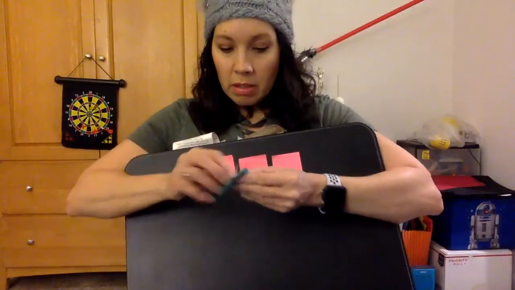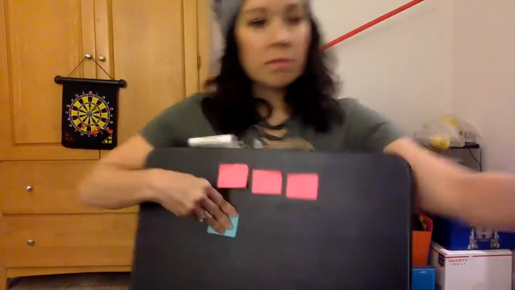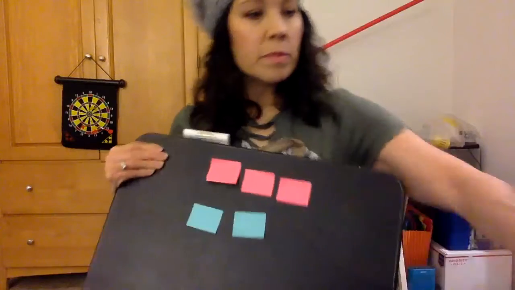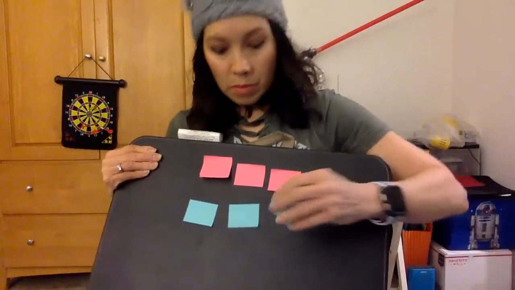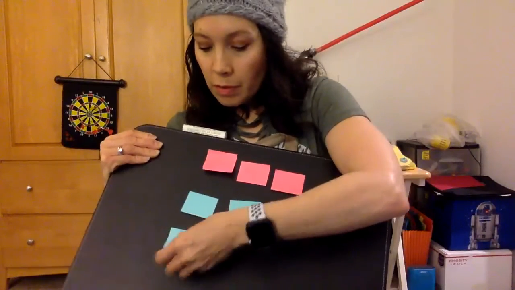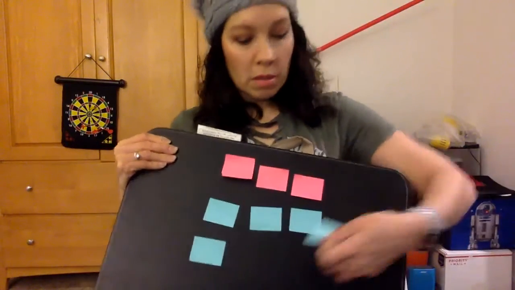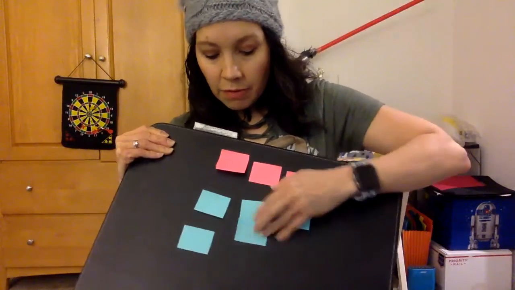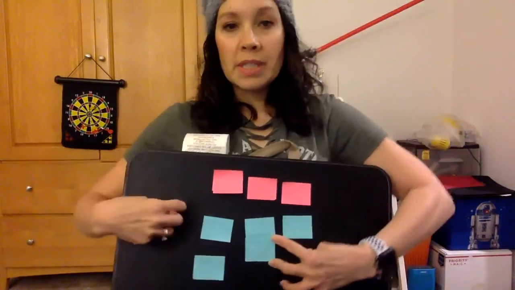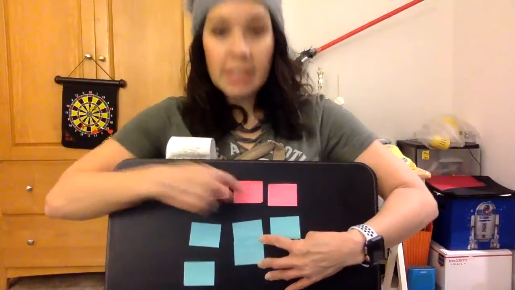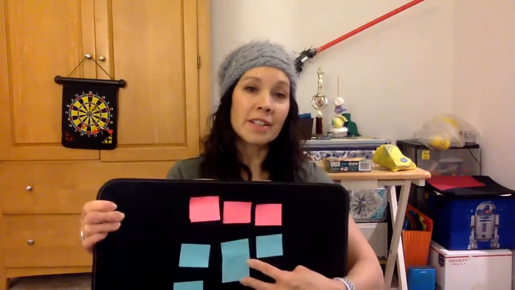Ethan had 1, 2, 3, 4. This one's not as sticky. 5. Ethan had 5 Post-it notes. 1, 2, 3, 4, 5, 6, 7, 8. Ethan and Mrs. Clark had 8 Post-it notes all together.